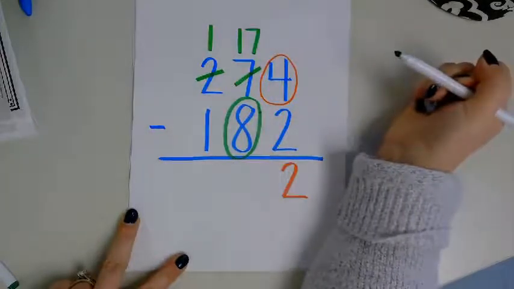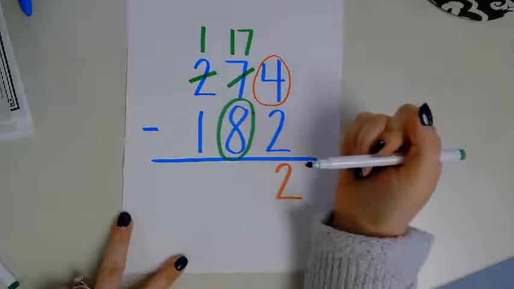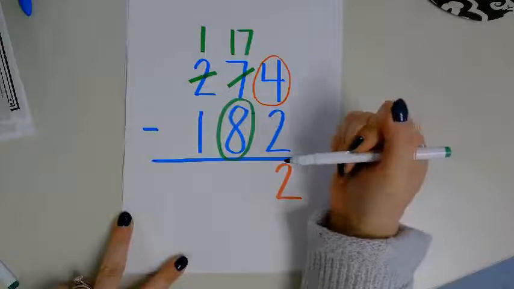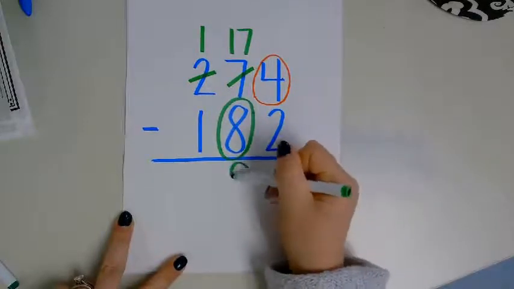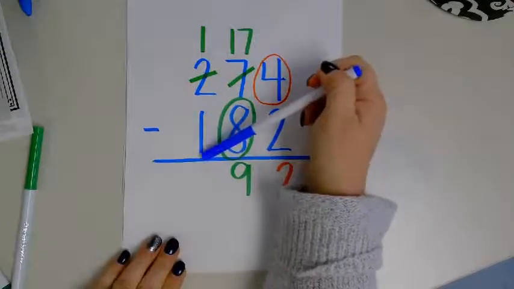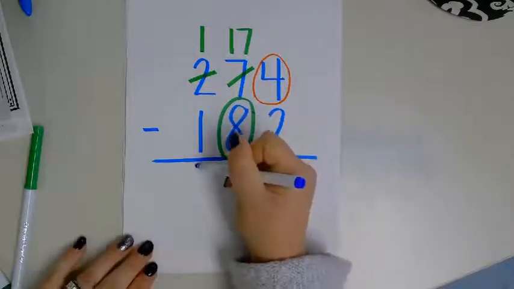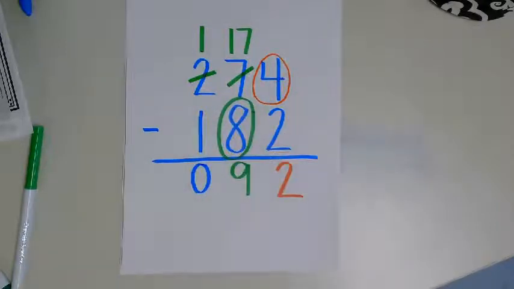Now we have 17 minus 8, which is 9. One minus 1, if numbers are the same, zero's the game. So our answer is 92.